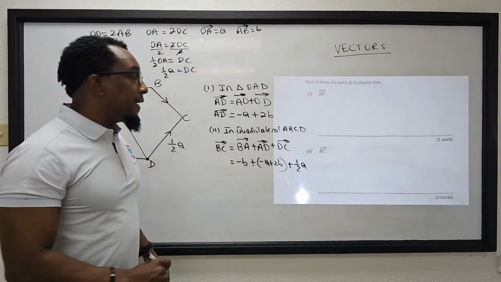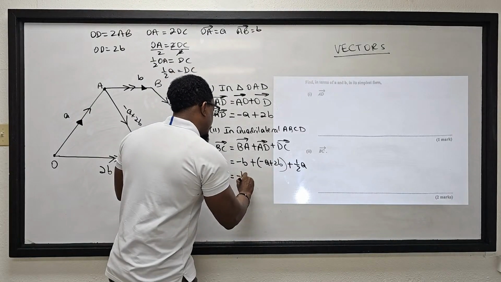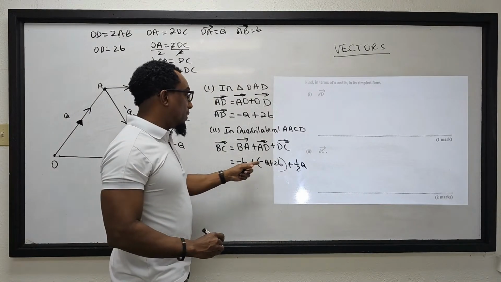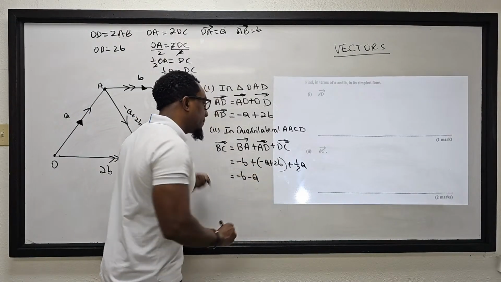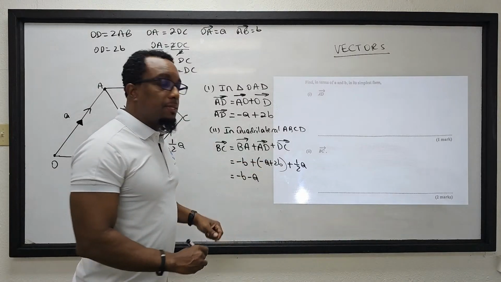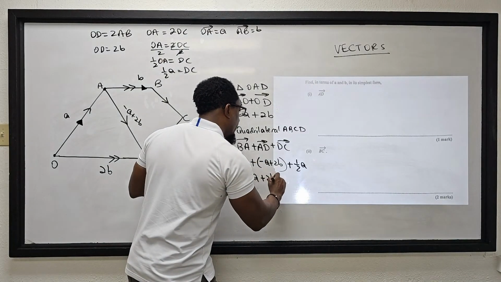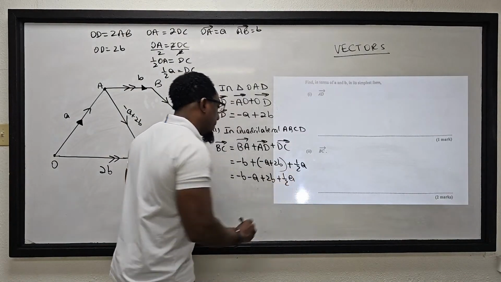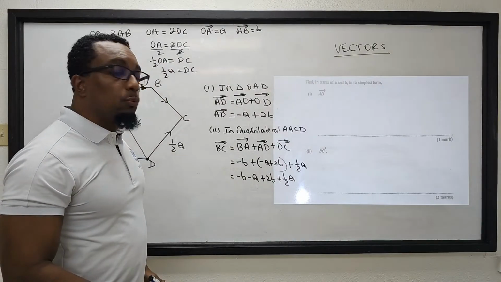So let's simplify that. This will be negative B, I'm removing brackets. A plus by A minus is a minus A. A plus by A plus is a plus 2B plus a half A. And what I'm going to do now is just group like terms.